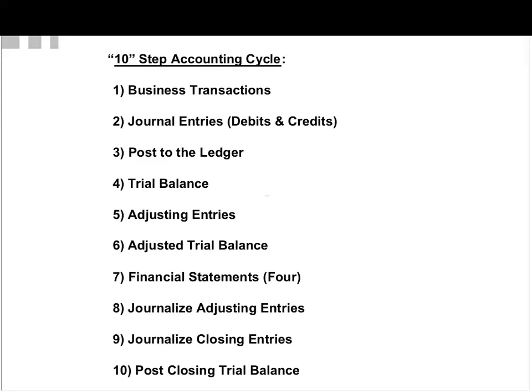Step number 7 is where we actually obtain the financial statements, the four financial statements we've just briefly reviewed. Steps 8, 9, and 10 are simply to close out the books and prepare for the next accounting period. But steps 1 through 6 get us to step number 7.